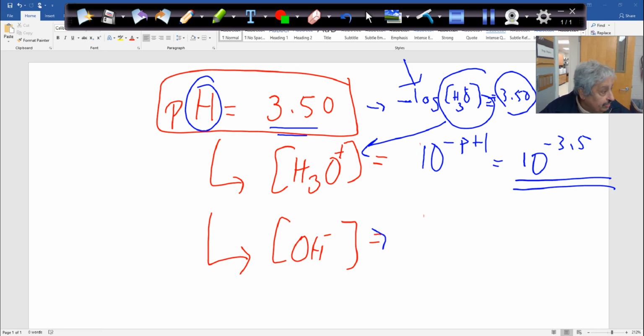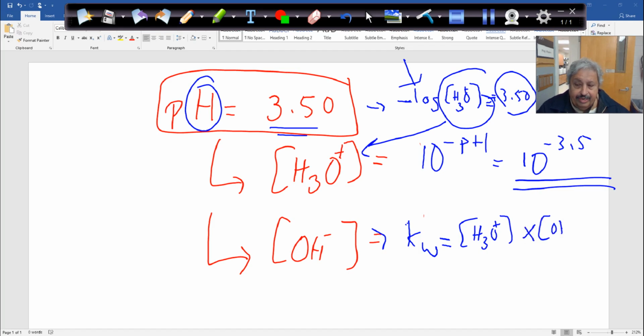Well, we have a relationship between Kw, hydronium ion, and OH minus. So, Kw will be hydronium ion multiplied by OH minus. Correct? Kw is 1.00 times 10 minus 14. Hydronium ion is this one here.